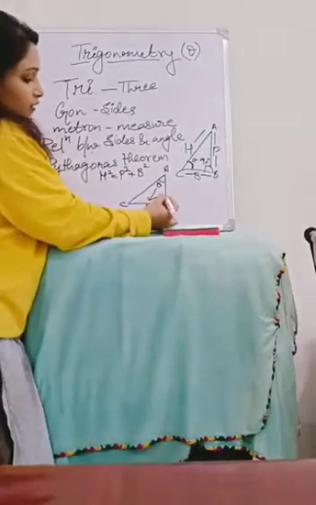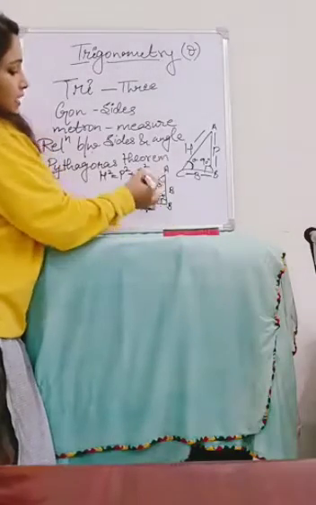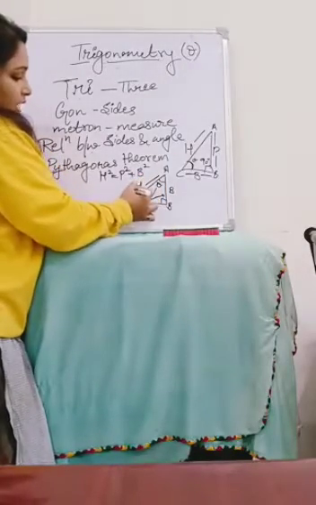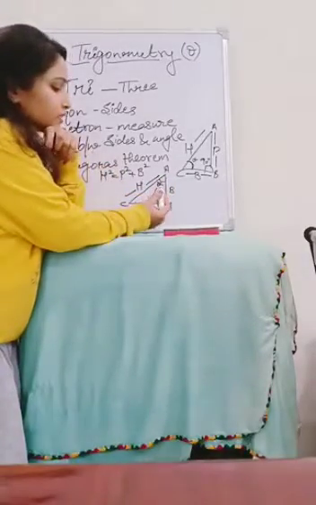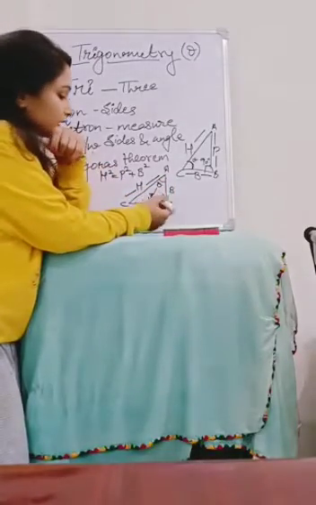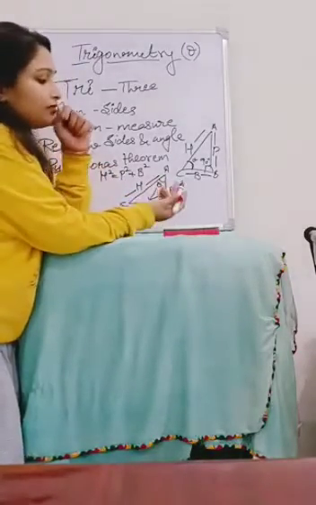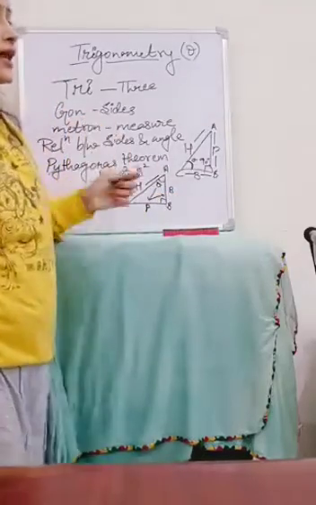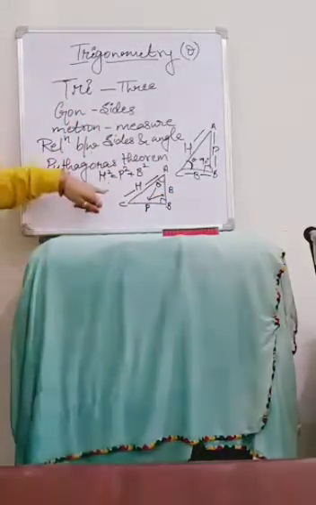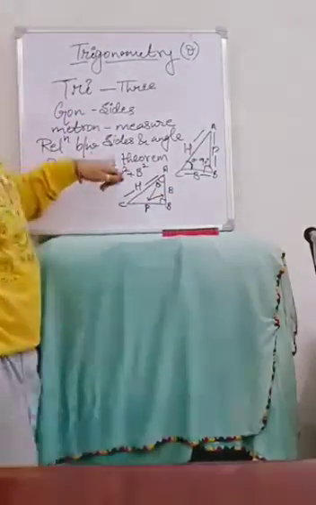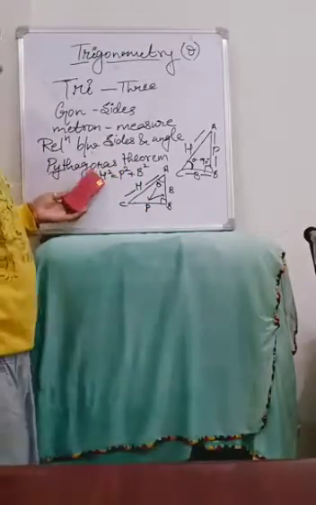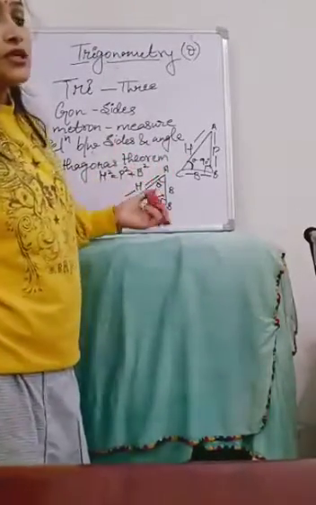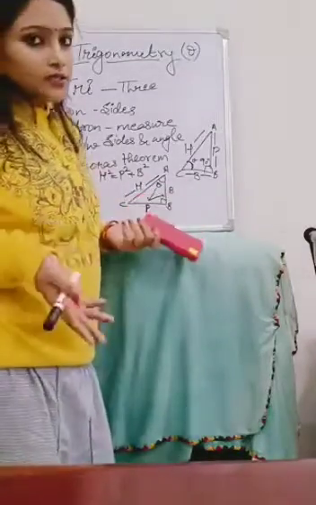Opposite to this one is the base, and this is the hypotenuse. Got it? Wherever theta is, the side opposite to theta is the perpendicular, the left hand side will be the base and the right hand side will be the hypotenuse. By this formula, the Pythagoras theorem, we can also find the side.